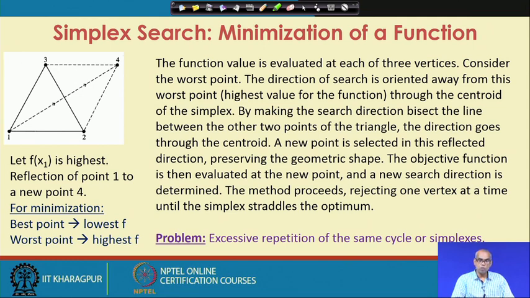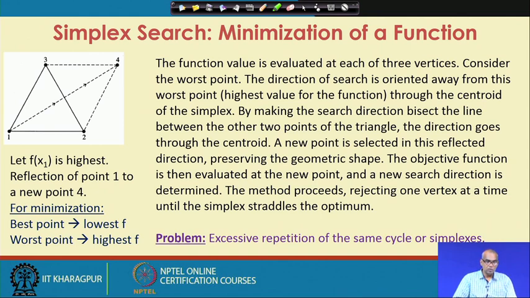In the schematic it is point 1. So, the direction of the search is oriented away from this worst point, which has the highest value for the function for a minimization problem, through the centroid of the simplex. By making the search direction bisect the line between the other 2 points of the triangle, the direction goes through the centroid.